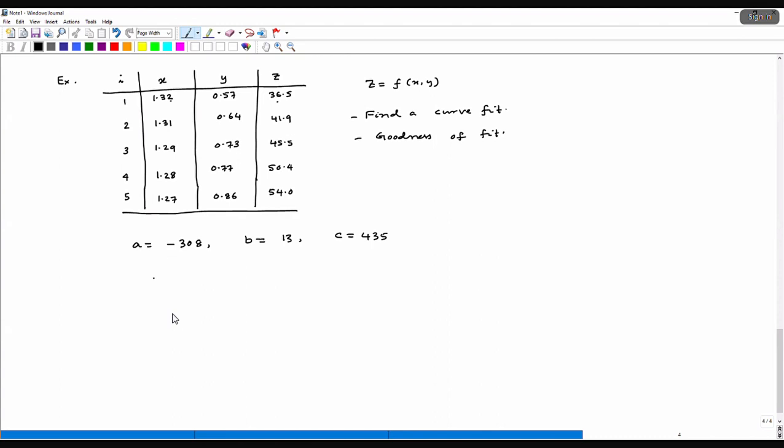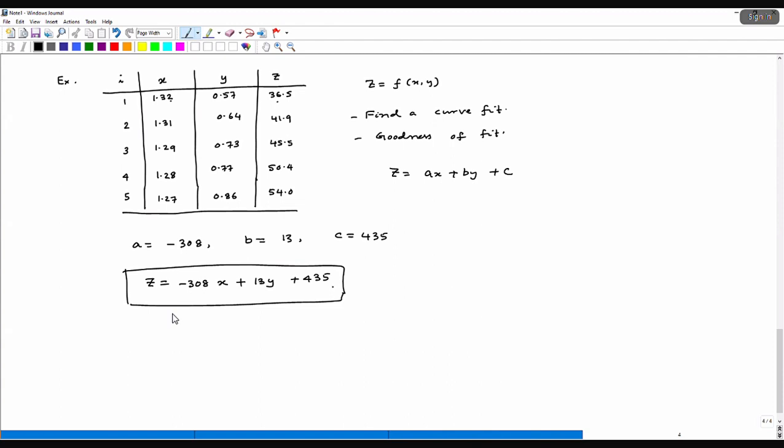That means your equation is going to be: Z is AX plus BY plus C, so Z will be minus 308 into X plus 13Y plus 435.